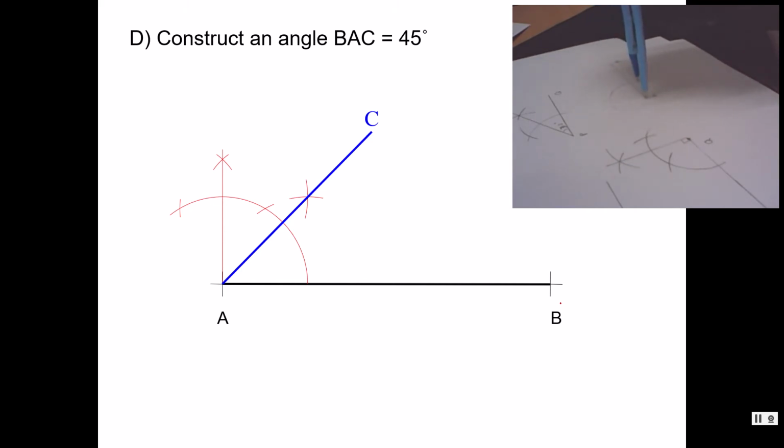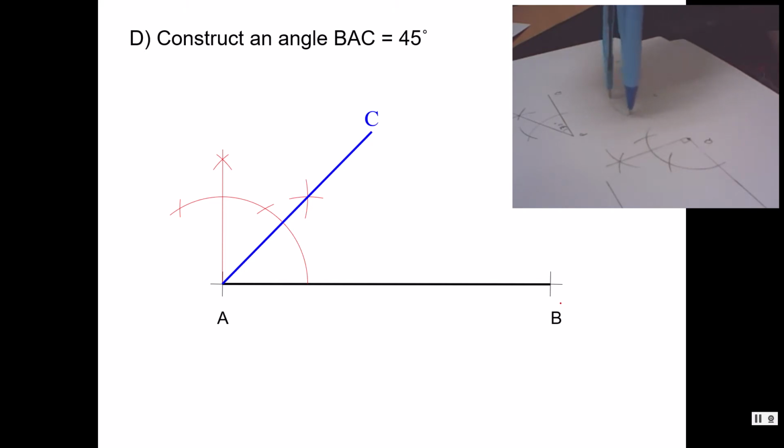So first thing is to draw the circle here, and from this point, I'm just going to extend it a bit more. Okay, I think it's enough. From this point, draw circle. From this point, draw another circle.